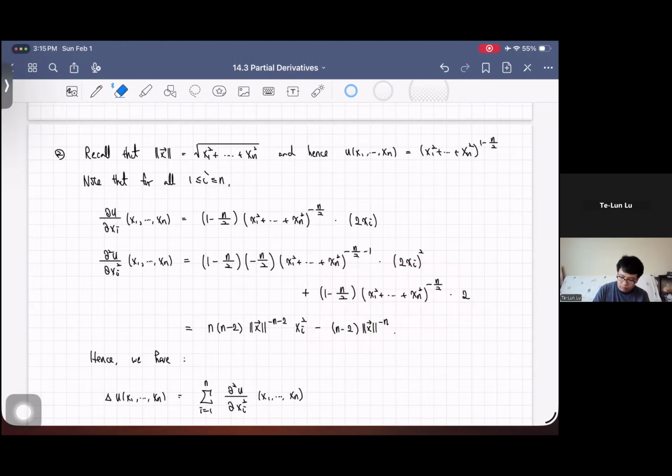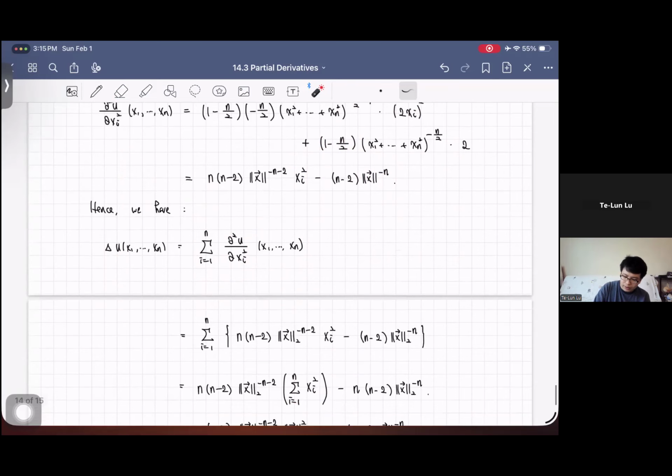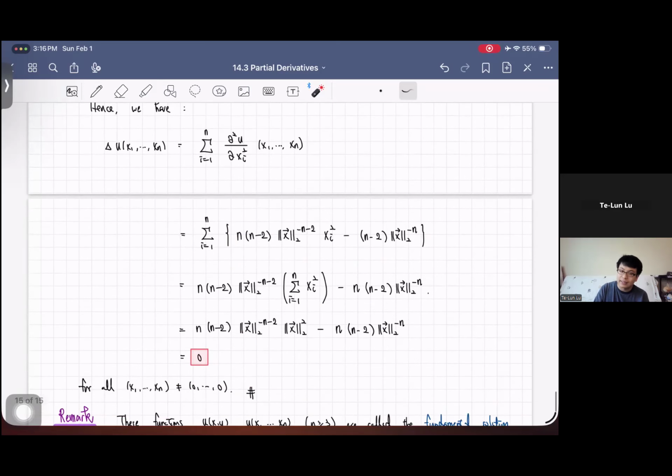Okay, so now we have a nice formula for the double derivative of u. Let us try to sum that up to see whether it vanishes or not. So the Laplacian of u is defined to be the double derivative of u along x1, x1, x2, x2, and xn, xn. So we replace this guy in the summation here. The only thing that is summing is actually this guy, xi, right?